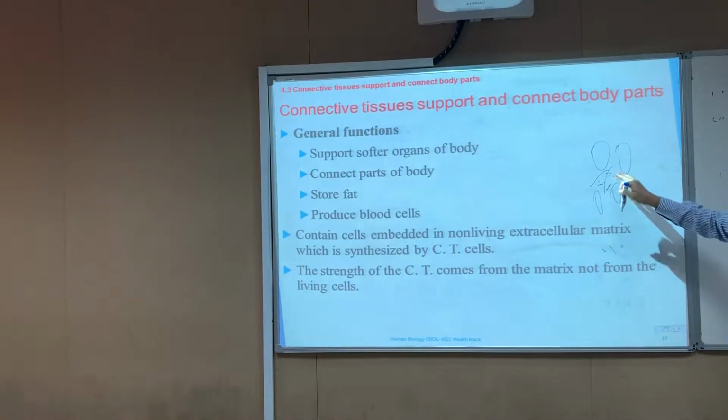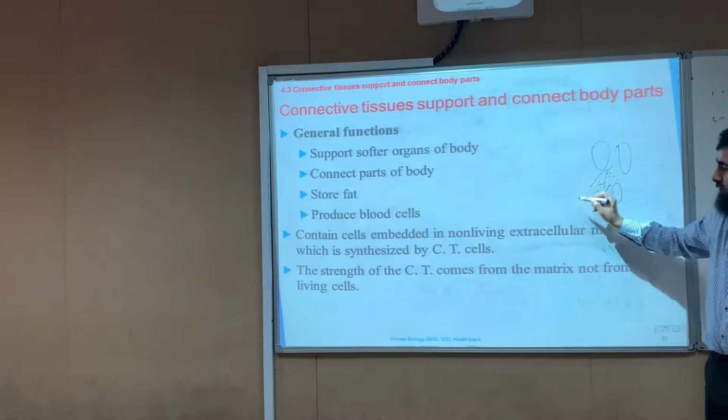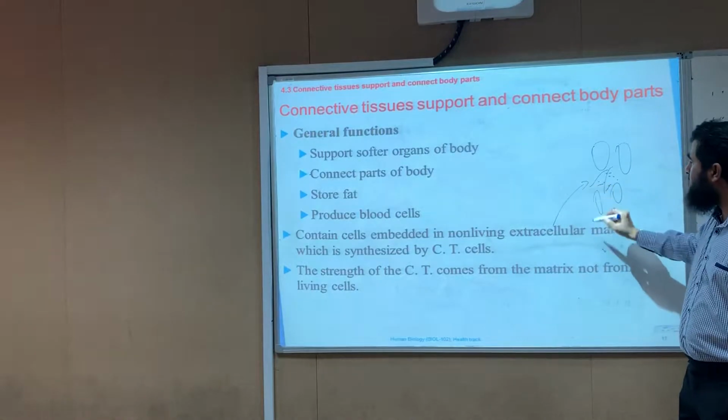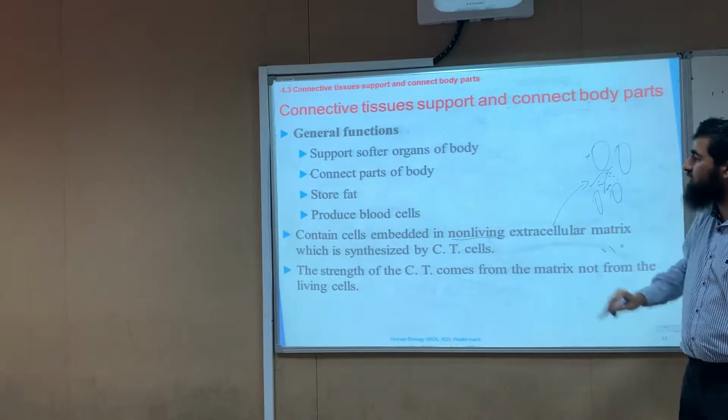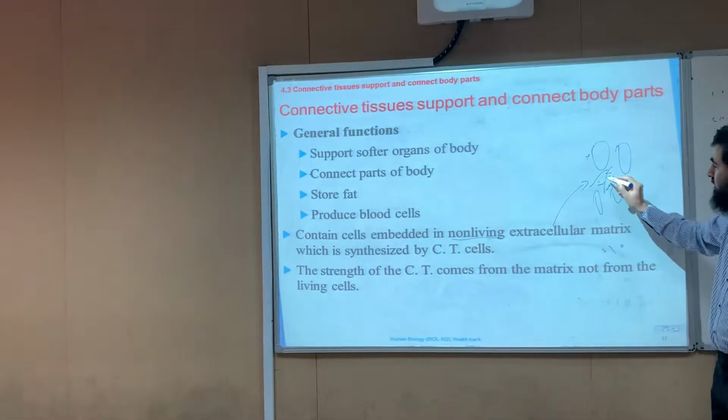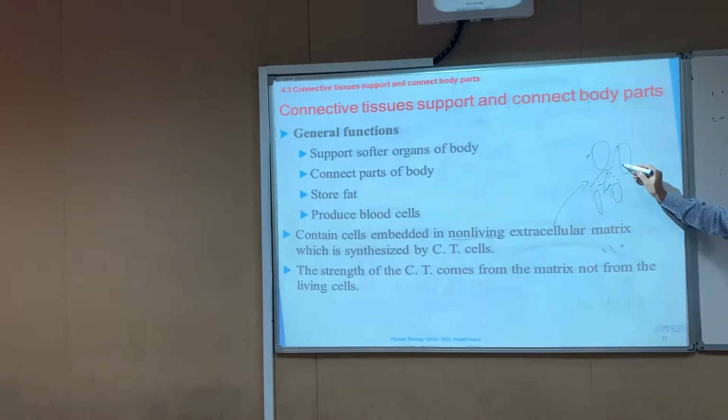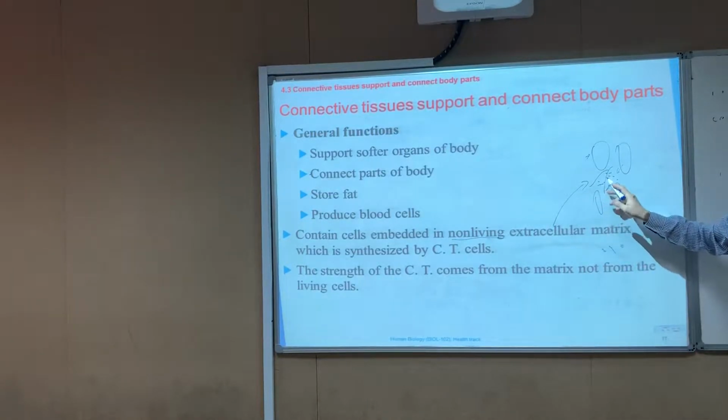That is the extracellular matrix, okay? The living cells are here. The extracellular matrix is non-living while the cells are living. This matrix is produced by these cells and they secrete it out of the cell, okay? And this is what gives strength to the connective tissue, okay?